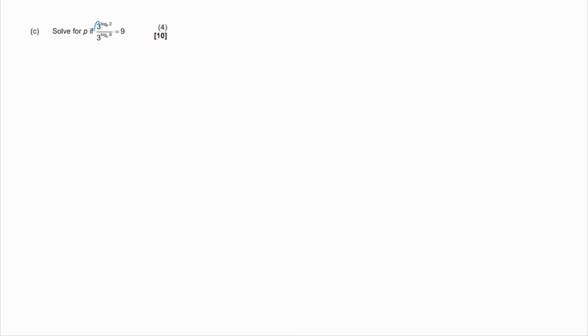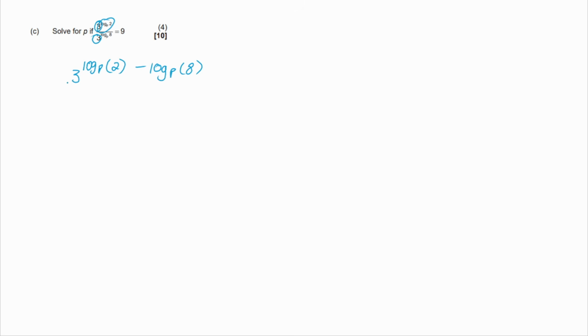So we have the same base, base 3, and these two exponents. We know when we have the same base and we're dividing things, what we do is we subtract the exponents. So we can write this as 3 to the power of log_p of 2 minus log_p of 8.